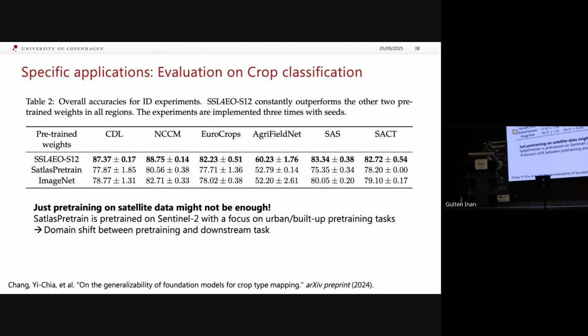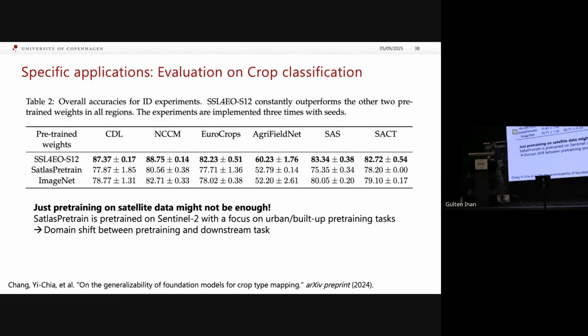So this is just an interesting example from a paper that evaluated just a few pre-trained models. Here this SSL4EO trained on Sentinel-1 and 2, and then the SATLAS pre-train and some ImageNet pre-trained model on crop classification from Sentinel-2.